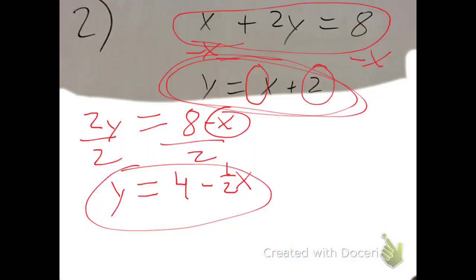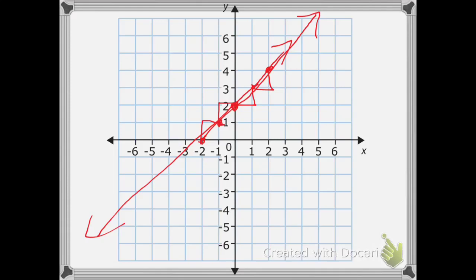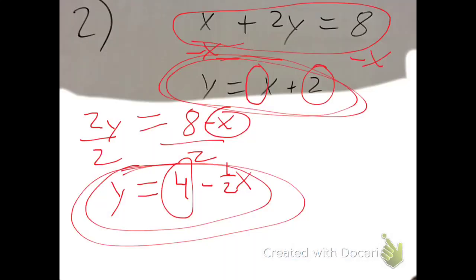Yeah. And my other one has a y-intercept of 4, so I put a dot there. Blam. And this one's a little bit different than the other ones. It has a negative slope, so this negative 1/2 in front of the x, that's going to be our slope. So when you're going negative, you're still going to go right 2, but then you're going to go down 1.